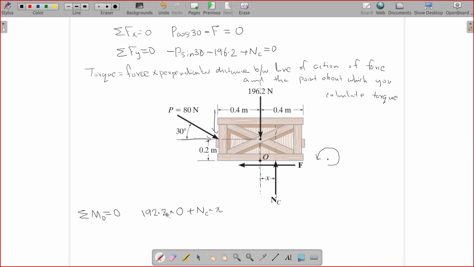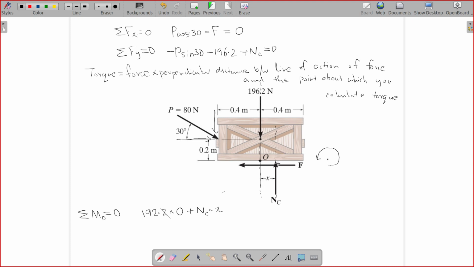When it comes to moment, when the moment is counterclockwise, you consider it positive, and when the moment is clockwise, you consider it negative. Sorry. So counterclockwise is positive, clockwise negative.